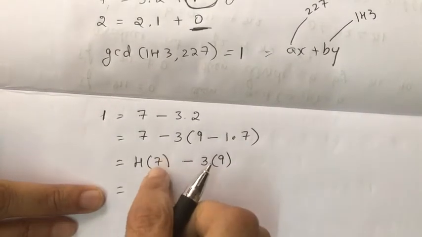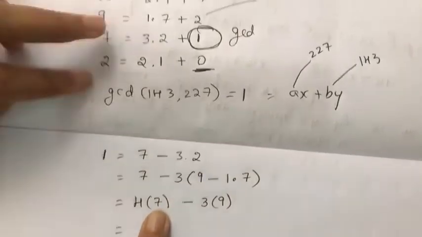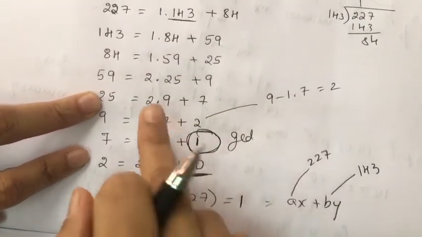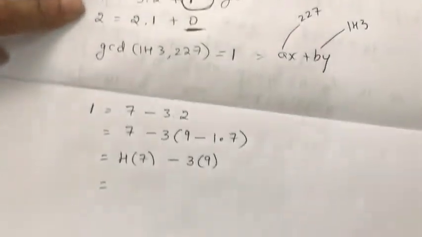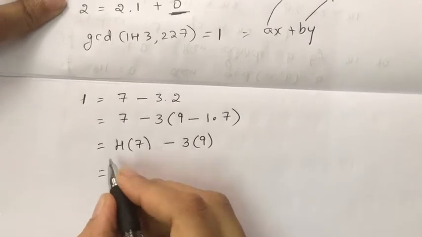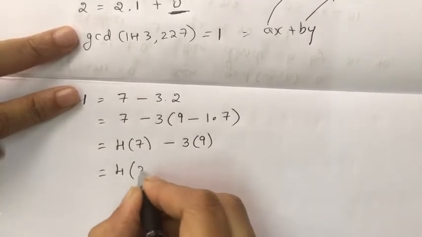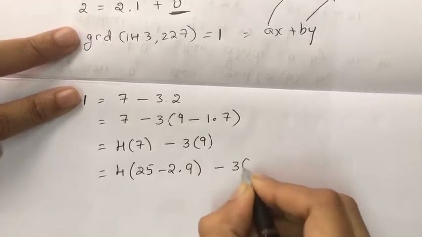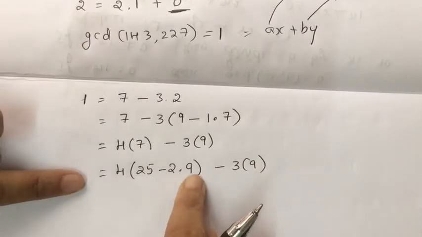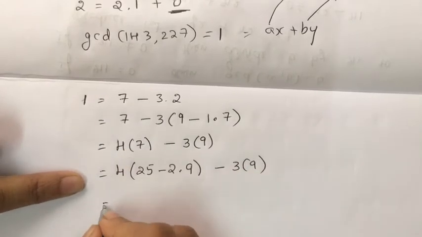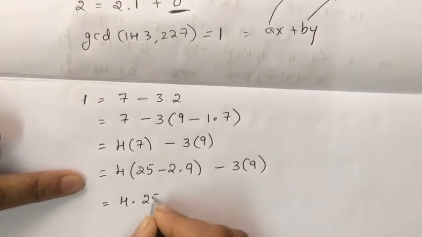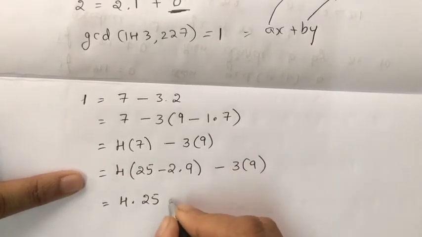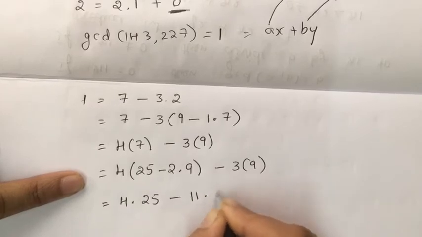Now I'm writing this 7 in terms of 25 minus 2 into 9. So 4 into 25 minus 2 into 9 minus 3 into 9. So 4 into 2 into 9 and minus 3 into 9. 4 into 25, 8, 11. So minus 11 times 9.